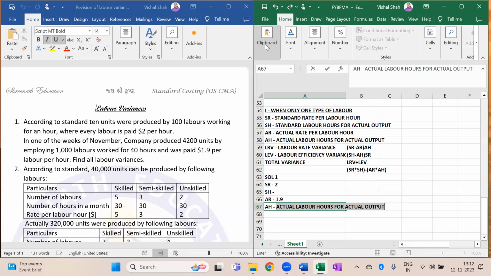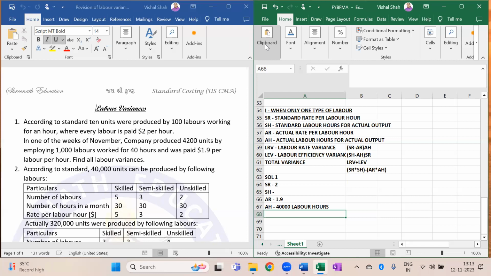If you remember during the classroom, I explained labor hour. It's a composite concept, from single unit to a composite unit, it is always going to be a multiplying factor. So 1,000 labors into 40 hours, that means it is 40,000 labor hours.